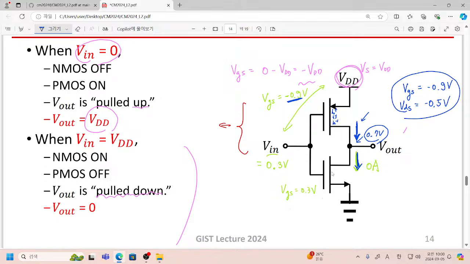So simply speaking, if we have a certain condition which is not on the voltage transfer curve, then the drain current of the PMOSFET and the drain current of the NMOSFET will not be matched. However, please consider this output node once again. This is your output node and it has only two branches.